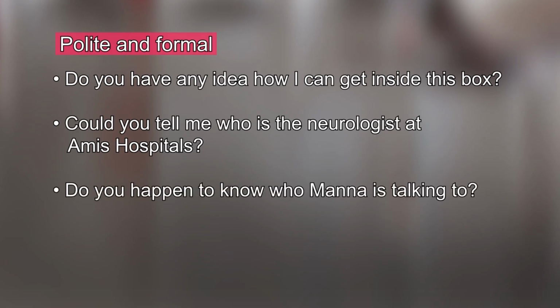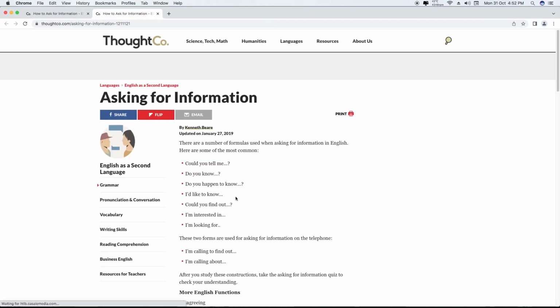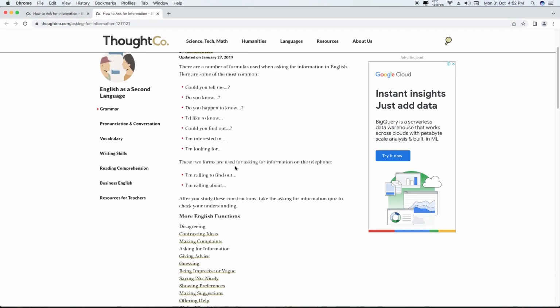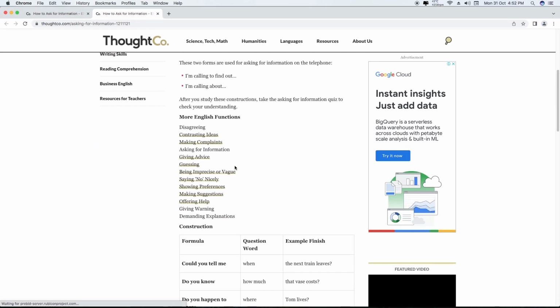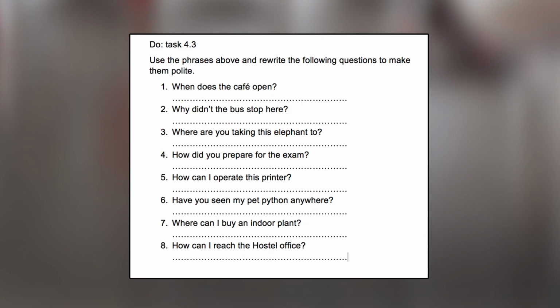Do you happen to know who Manna is talking to? You can find more of these phrases listed under Learn 4.2 in worksheet 4. After this, please do task 4.3.